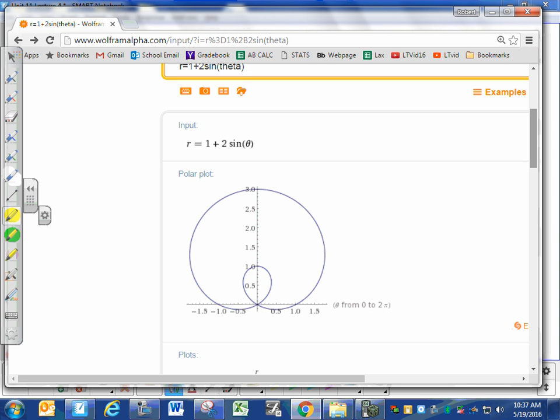Where do we start? Do you think we start at 0 and we kind of come around here? We start at 1, exactly, when the angle is 0.